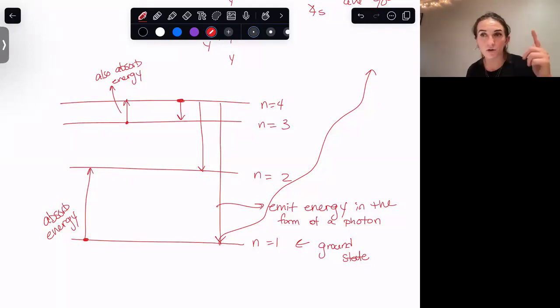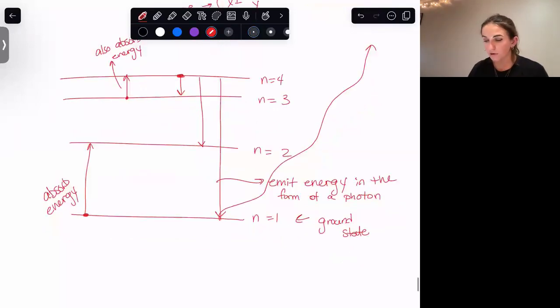So that electron can go to certain places. As you drop down in energy, you're going to release that change in energy as a form of light. And so that's where the equation E is equal to hc divided by lambda comes into play.